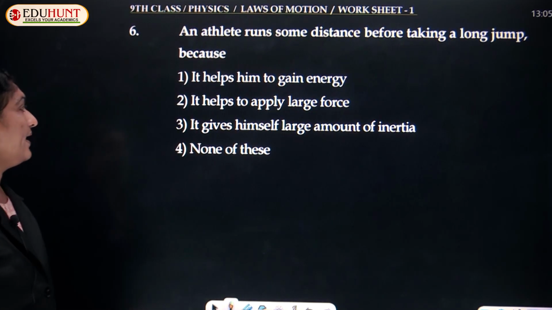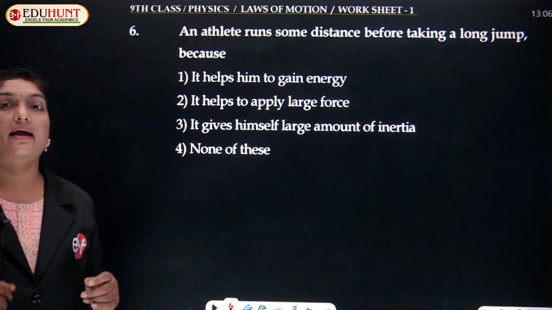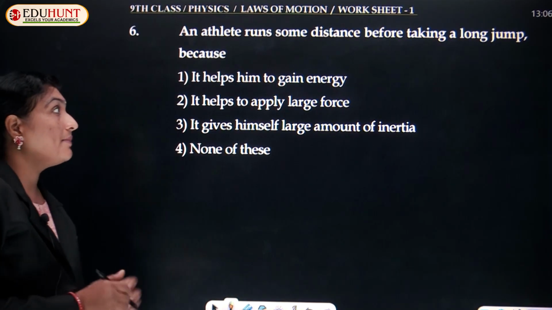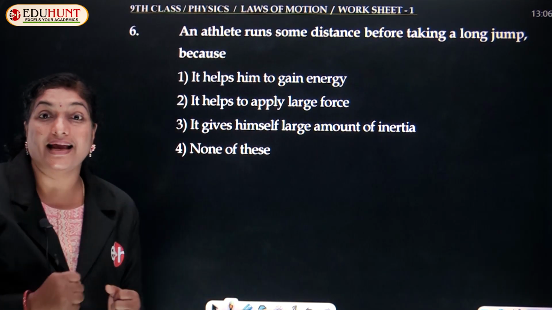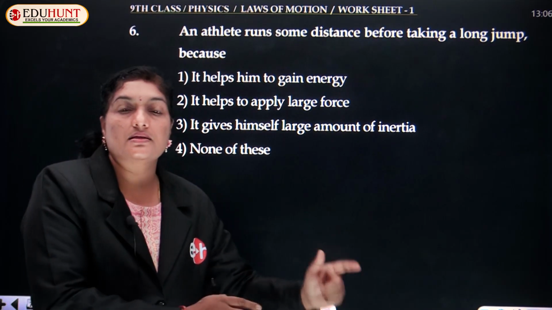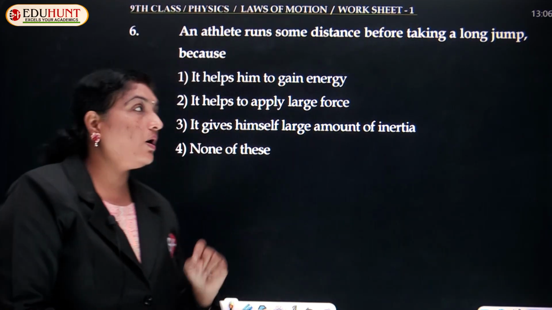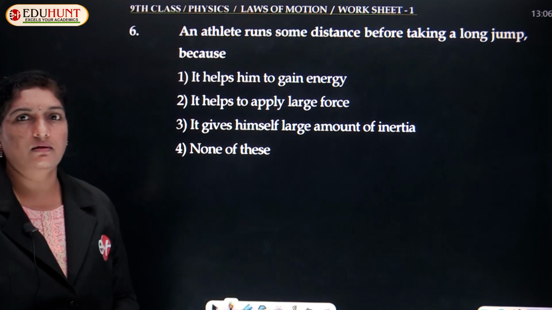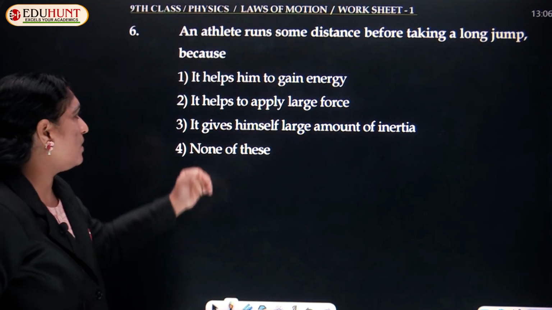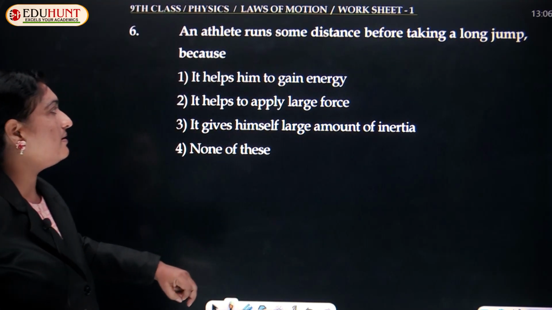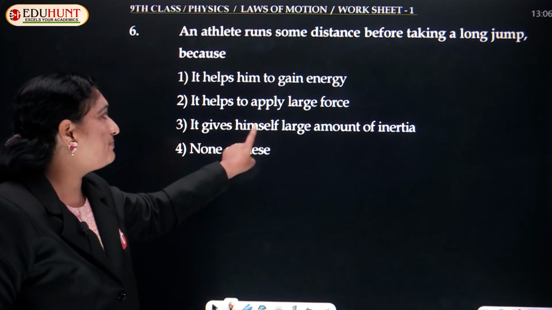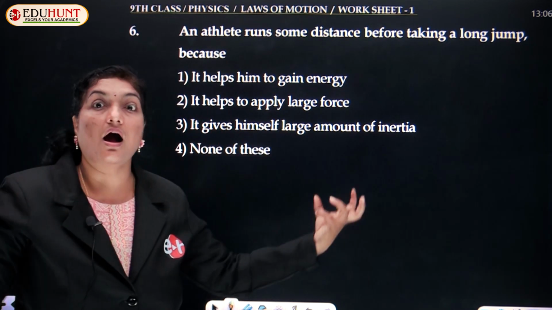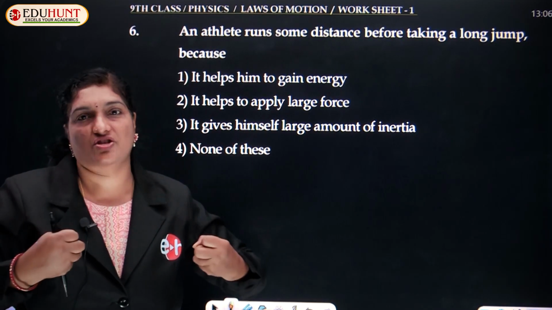Now moving ahead with the 6th question. An athlete runs some distance before taking a long jump. What is the reason for that? Is it because it helps him to gain energy, it helps him to apply large force, or it gives him a large amount of inertia?